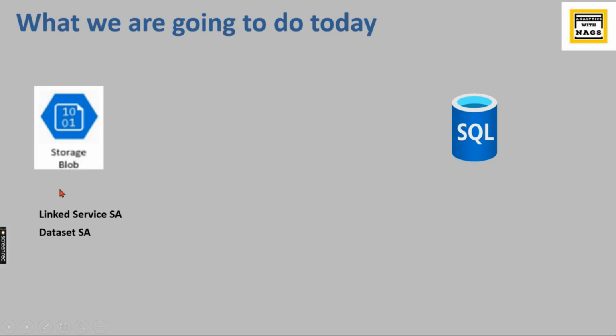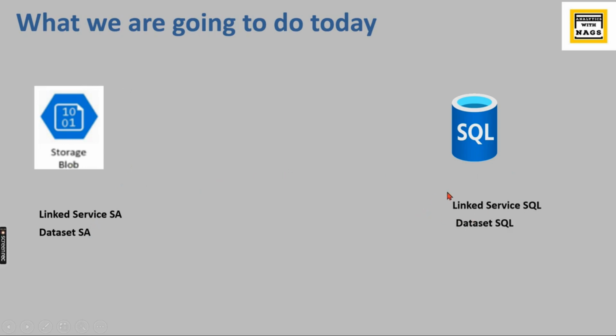Let's say we have a storage account. The storage account can be connected through the linked service. Then for referring to a single table or a piece of information, you need a dataset. So these two are prerequisites for the source.